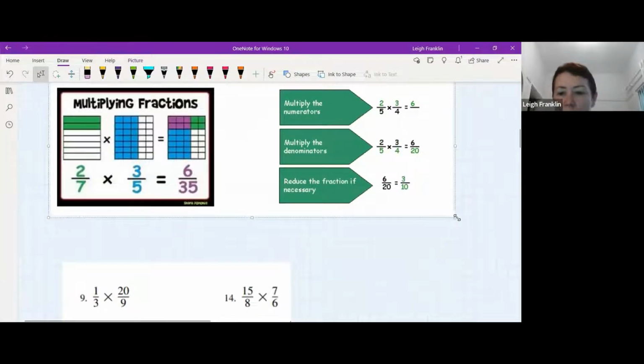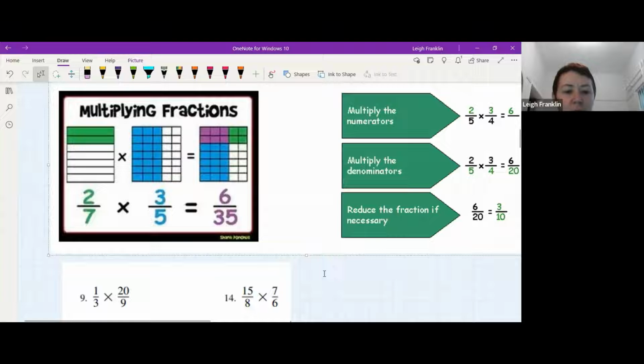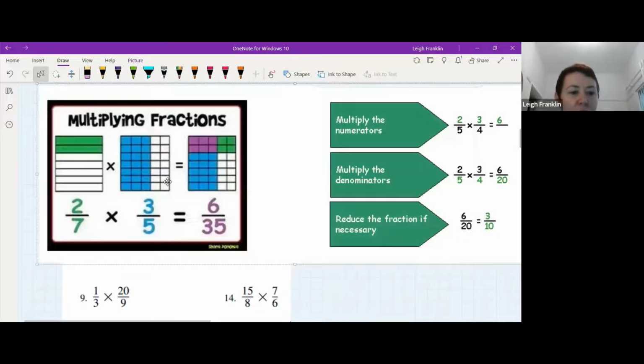If we have a look on the left-hand side here, the 2 fractions in this picture are 2/7 times 3/5. Can you see how when we multiply them together, we basically get an overlap of the 2, which is the product of the 2?